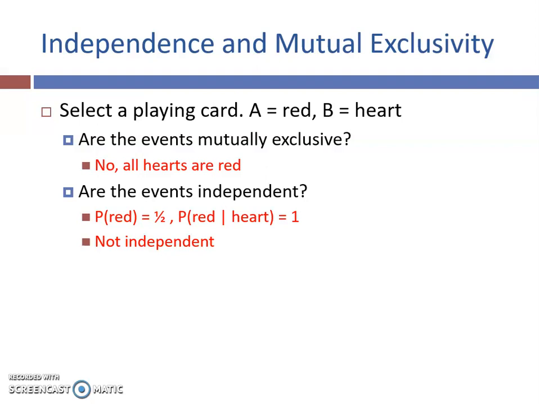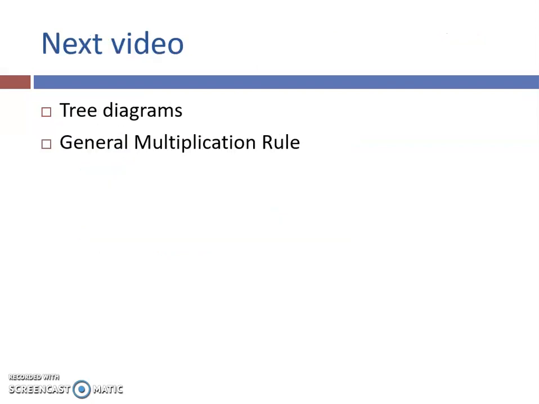The probability of it being red, given that you tell me that you have a heart in your hand, is 1. I don't need to find any other probabilities because these two are different, therefore they are not independent. So keep in mind that independence and being mutually exclusive are two completely different things. One does not really relate to the other. Okay, so try to keep that straight.